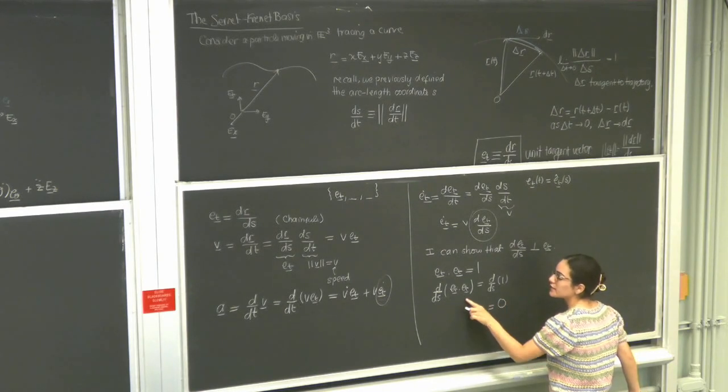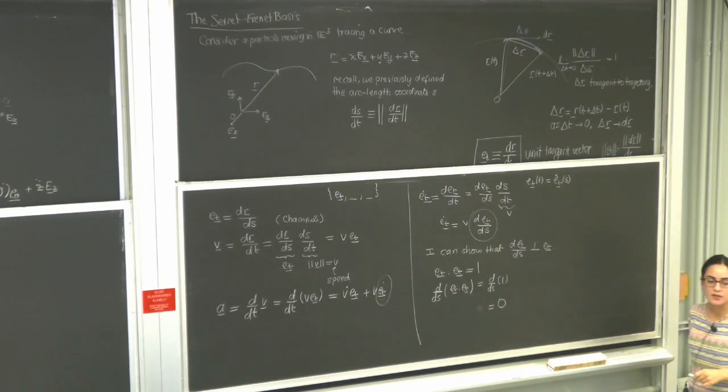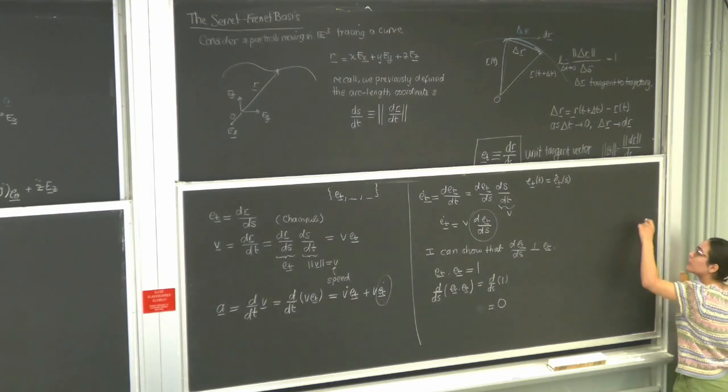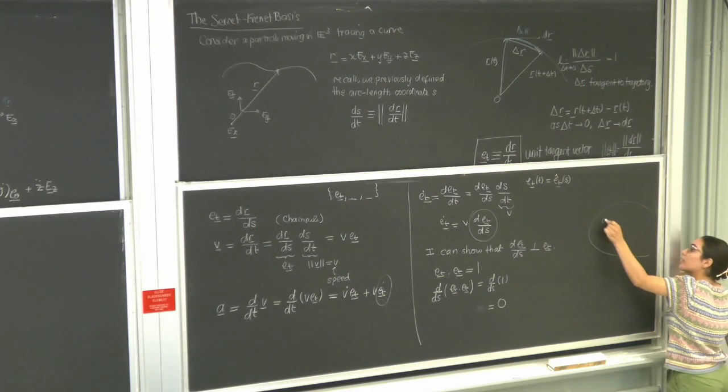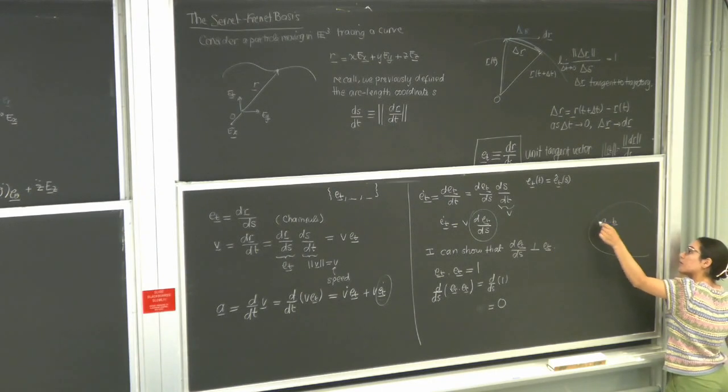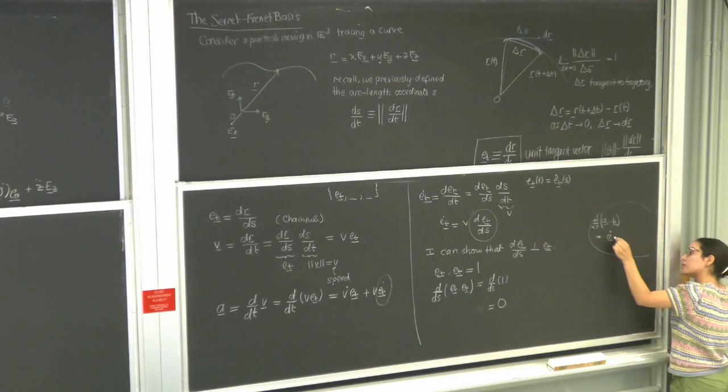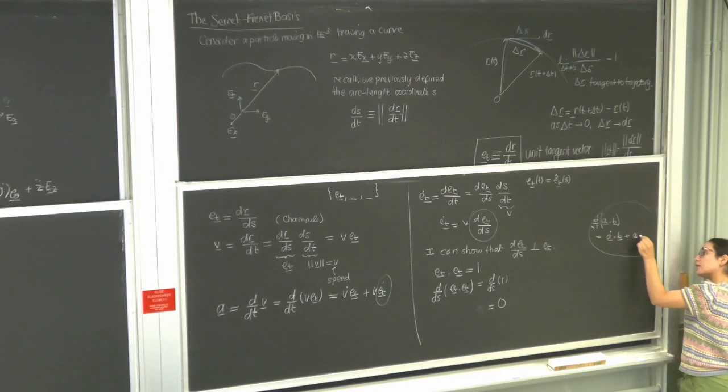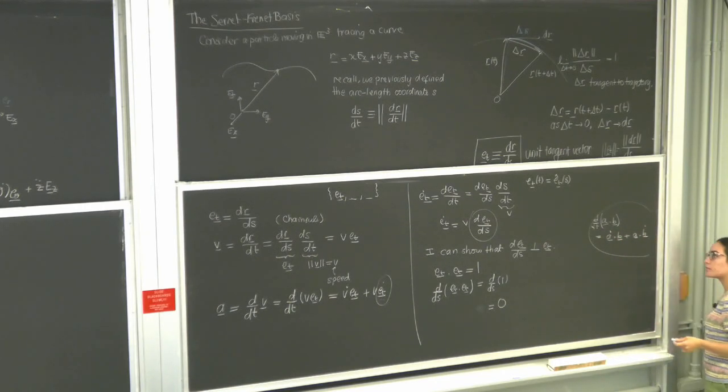What about on this side? What is the derivative of e_t dot e_t with respect to s? If you've never taken the derivative of a dot product of vectors, just recall that d by dt of a dot b is a dot b dot plus a dot dot b. So that's the derivative of a dot product. So what is the derivative of e_t dot e_t with respect to s?